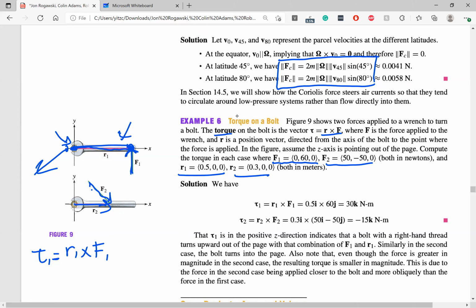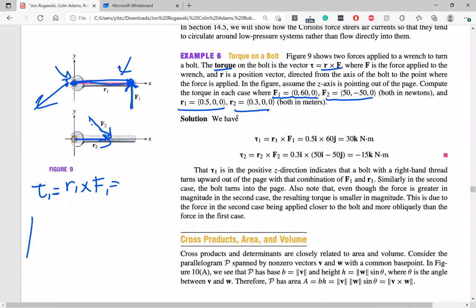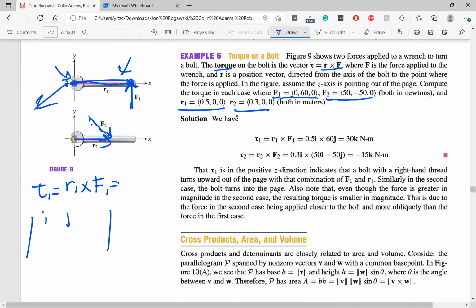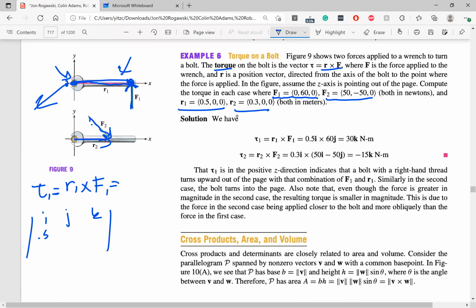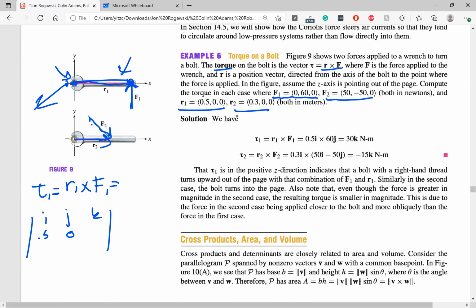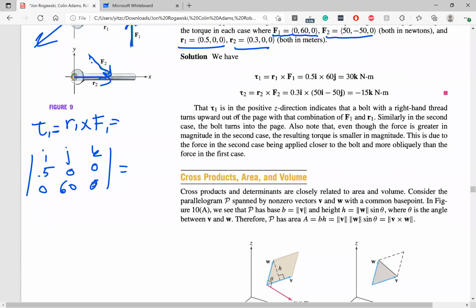So it is easier to just compute the determinant of the matrix I, J, K. And then in the first row, you put 0.5, 0, 0. And in the second row, you put 0, 60, 0. And once you compute this, you will get your torque.